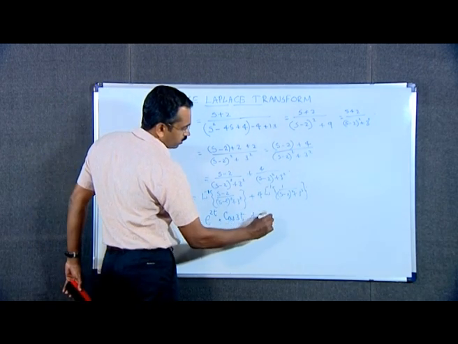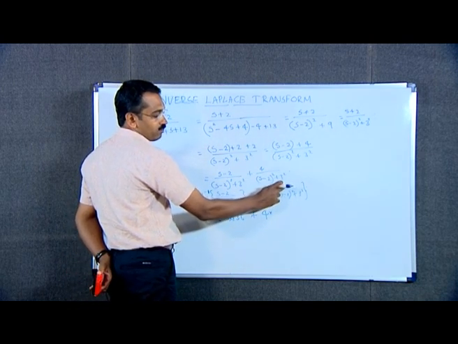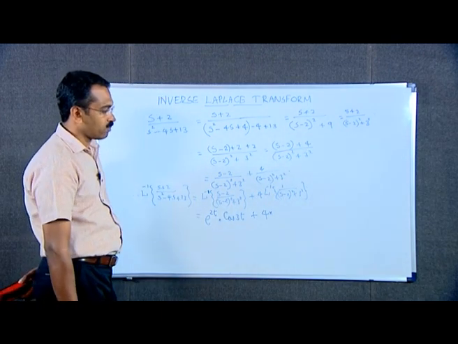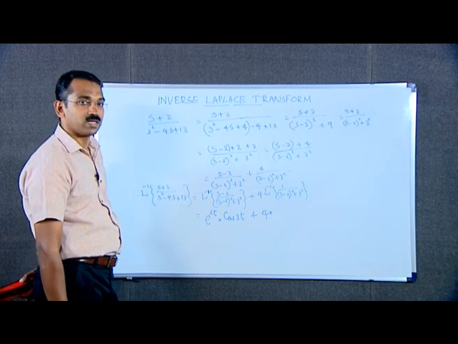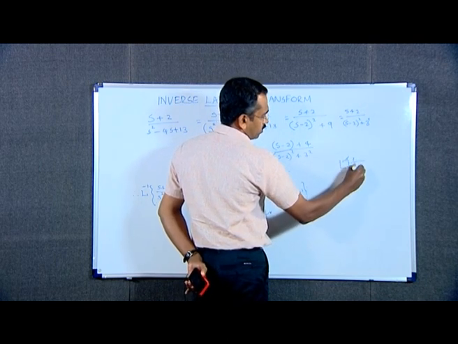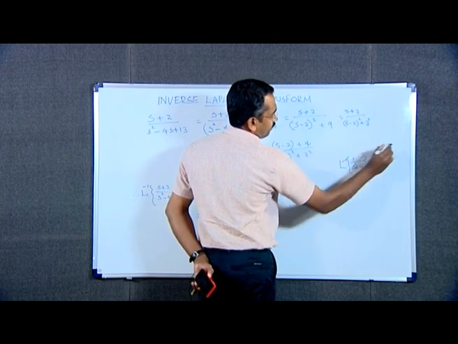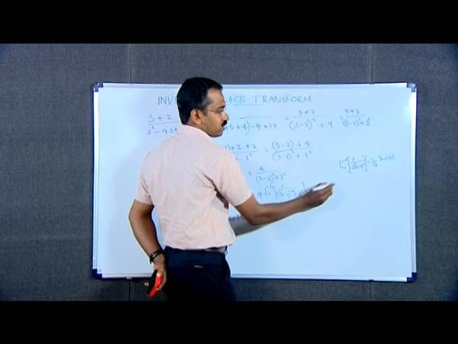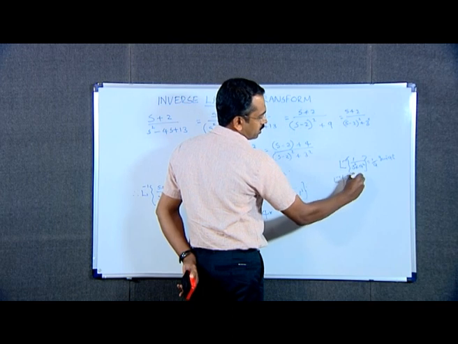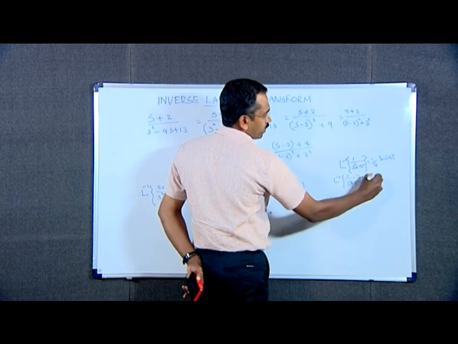Plus 4 into, similarly here 1 by, if 1 by s square plus 3 square, the inverse is 1 by 3 into sin 3t, because L inverse of 1 by s square plus a square is 1 by a sin at. Here 3 square means L inverse of 1 by s square plus 3 square is equal to 1 by 3 into sin 3t.